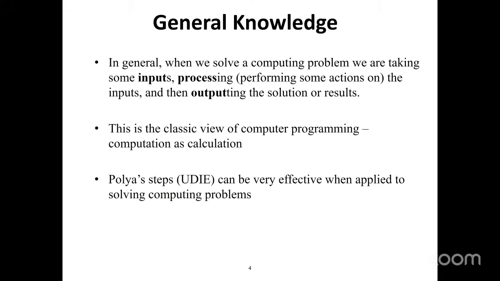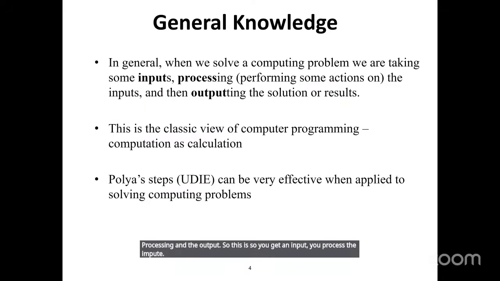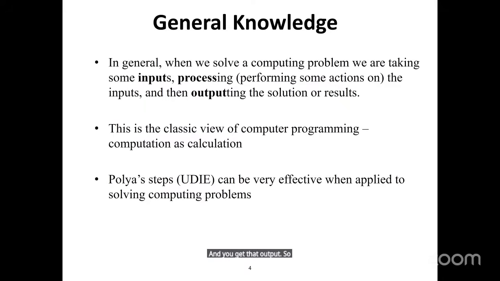In general, when we solve a computing problem, we are talking about the input, processing, and the output. You get an input, you process the input, and you get an output. This is basically all about writing a program.